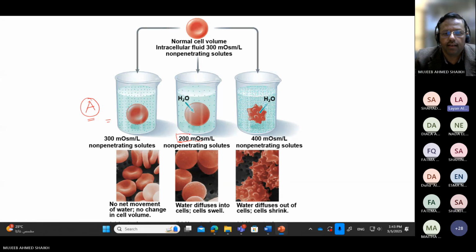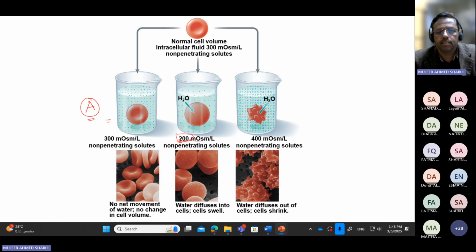Less. So what is the name of this less? Hypo, hyper, or iso? Hypotonic. So if the RBC is kept in hypotonic solution, what will happen to the size of the cell?